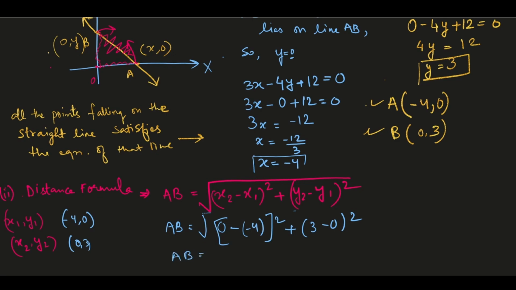So AB will be under root, minus and minus becomes plus, so 4 squared is 16 plus 3 minus 0 is 3 and 3 squared is 9. So 16 plus 9 is 25. AB is equal to root over 25.